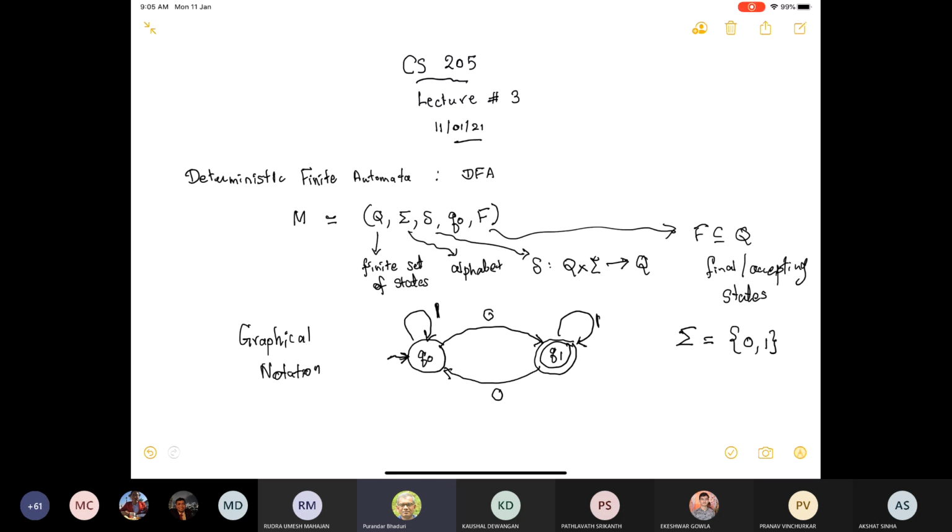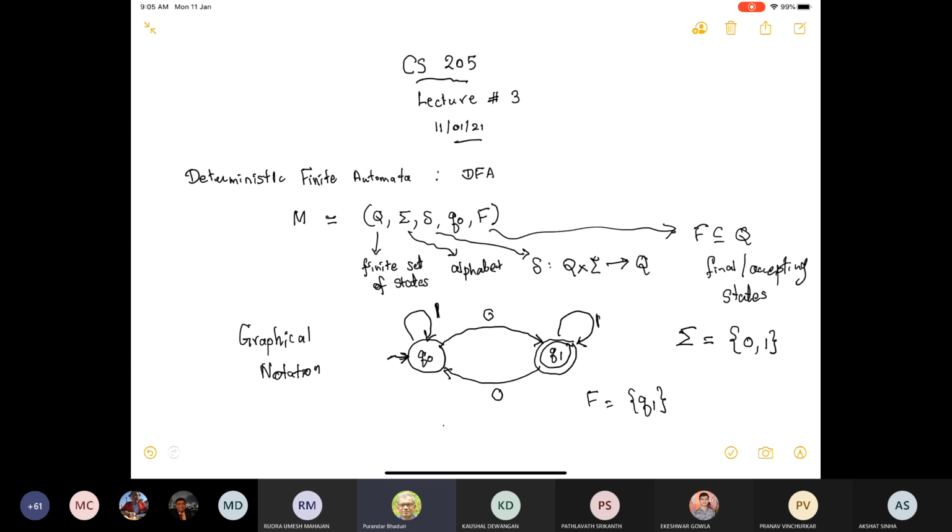So this is the way we depict deterministic finite automata graphically, right? This is Q naught, the initial state. The set of final states is just the set containing Q1, and this is indicated by these double or concentric circles. And the arrows indicate the transition function.